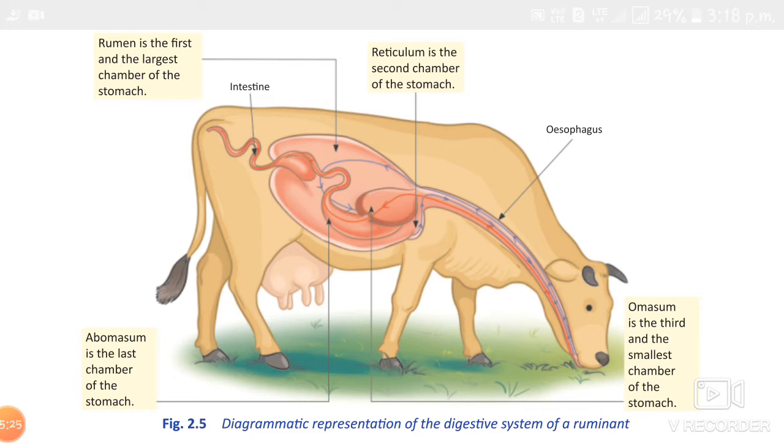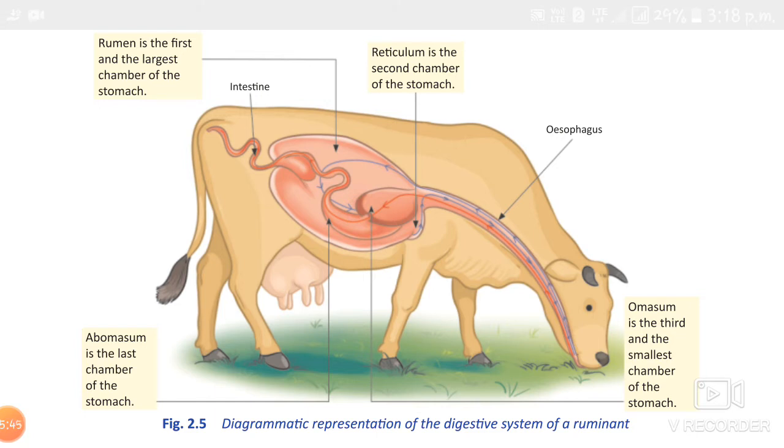Then the cud is brought back to the mouth. For what? Again, it will be rechewed and re-swallowed in a process called cud chewing.